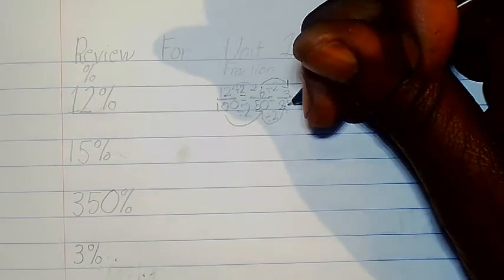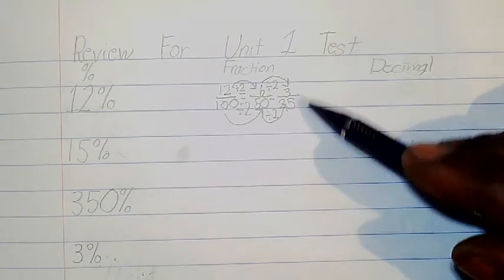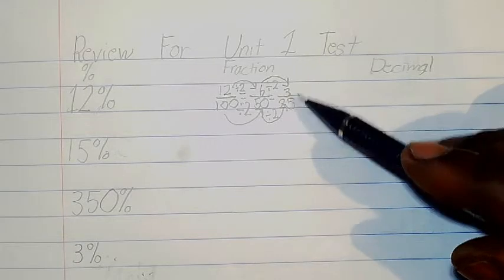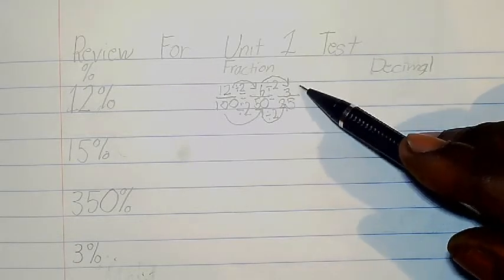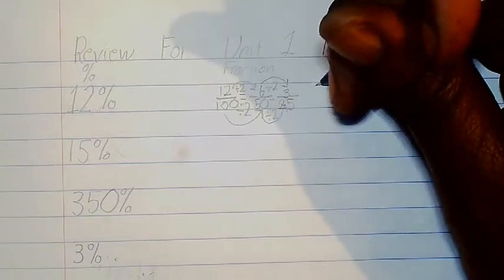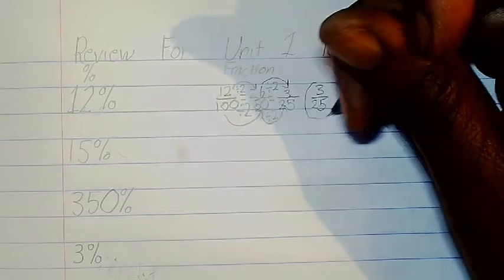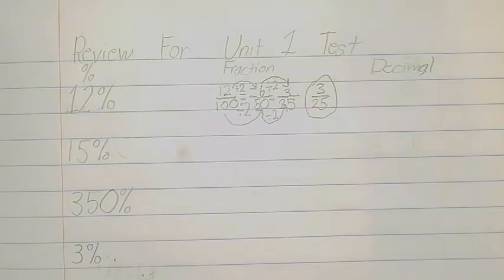3/25. There isn't any other value I can divide both the numerator and the denominator by, so this is my final fraction, 3/25. That's the simplified fraction.